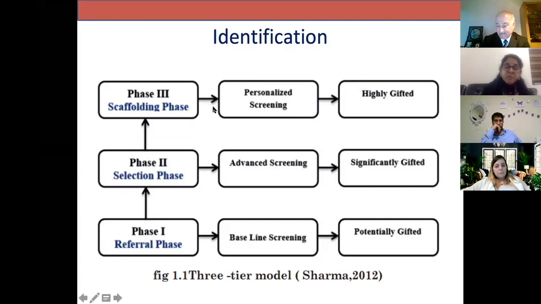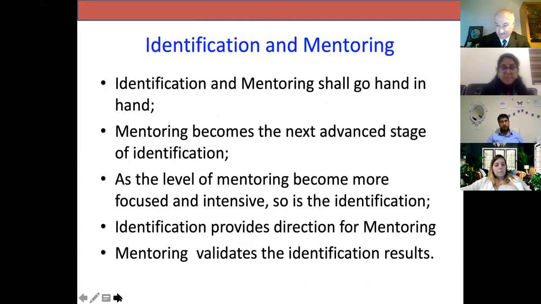And then the scaffolding stage, where kids come and we do the scaffolding, the primary mentoring with the child, and then we see how the child progresses in that. And from here we move to the higher level of giftedness, the stage of exceptional giftedness.